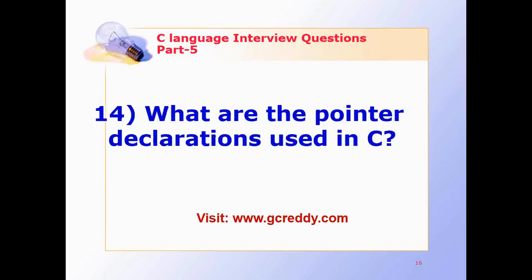What are the pointer declarations used in C? The pointer declarations used in C are: array of pointers, for example int asterisk a of 10, an array of pointers to an integer.